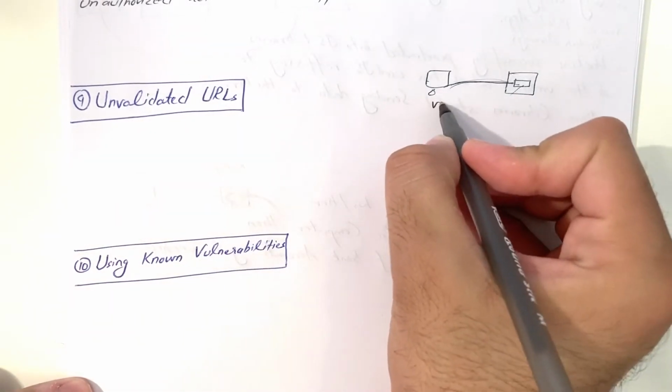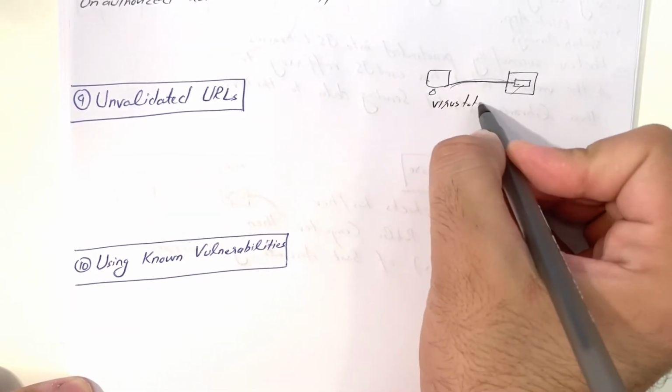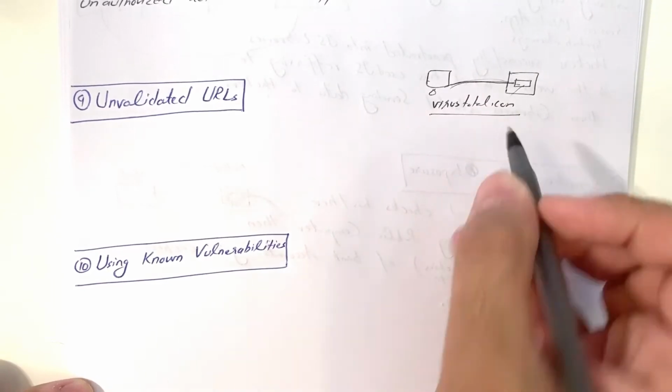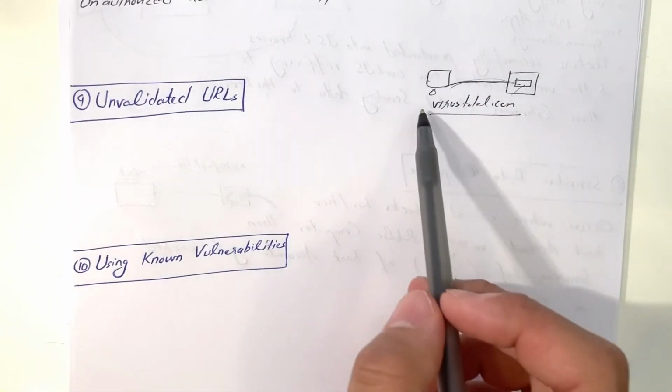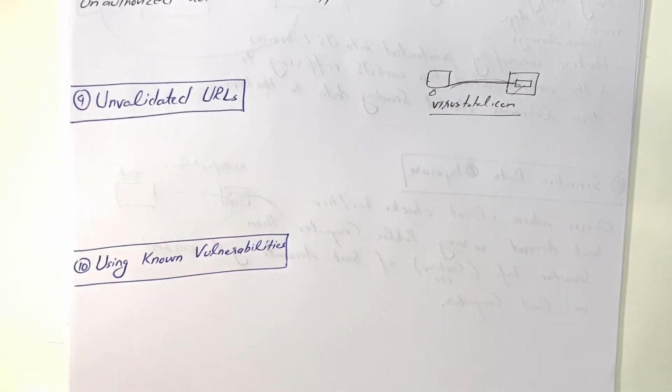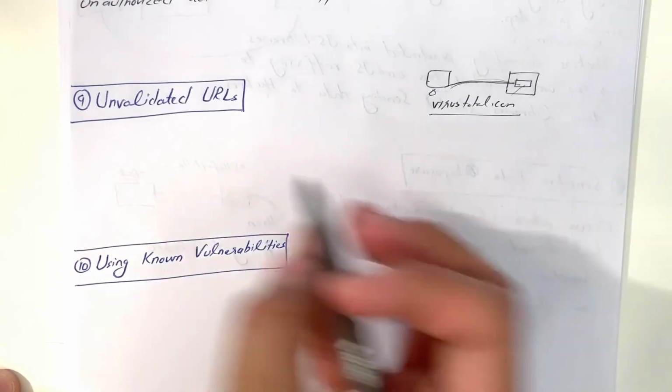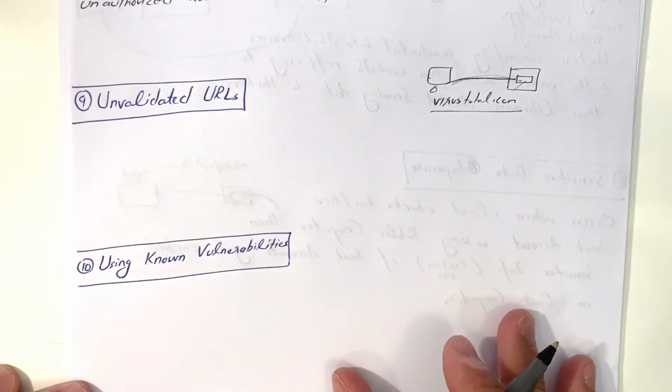By using virustotal.com. Whenever anybody uploads any URL, the web application should check that URL on virustotal.com. If that URL is found to be a fishy or malicious URL, the web application should not allow the user to upload that link on the website. So this is called unvalidated URL.